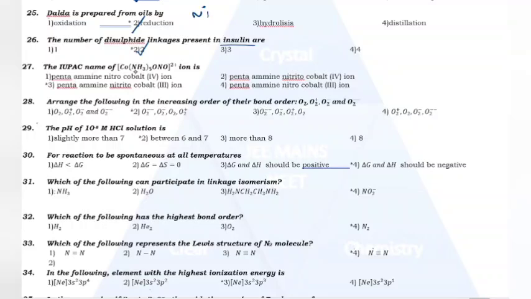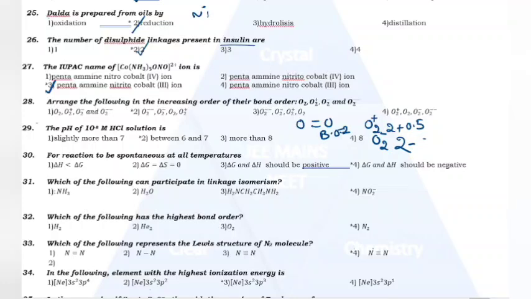For O2 minus, again O2 means 2. As there is a minus, you subtract 0.5 from 2, then you will get 1.5. For O2 2 minus, it is again 2 minus 2 into 0.5, right?